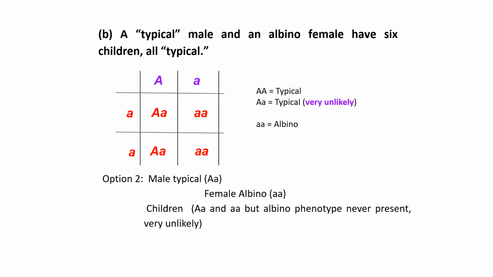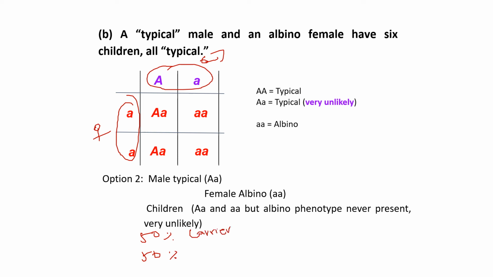However, here if you take this one, the female, and this one that is a carrier, you're going to get a 50-50 chance of getting a carrier that is typical and an albino.